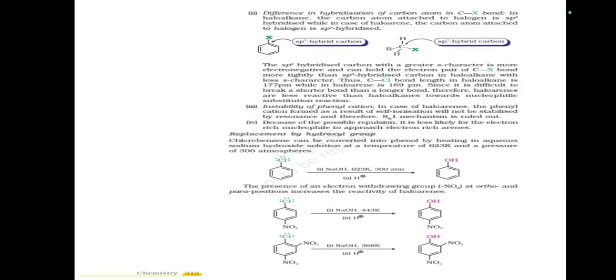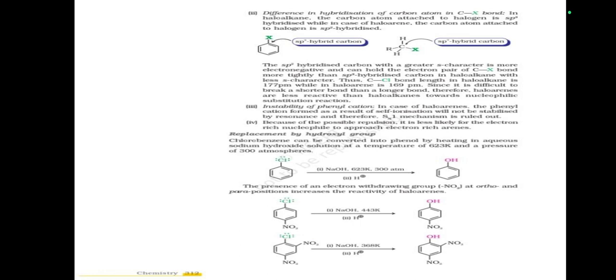Difference in hybridization of the carbon atom in the C-X bond. In haloalkane, the carbon atom attached to the halogen is sp3 hybridized, while in haloarene, the carbon atom attached to the halogen is sp2 hybridized. The sp2 hybridized carbon, with greater s character, is more electronegative and can hold the electron pair of the C-X bond more tightly than the sp3 hybridized carbon in haloalkane, with less s character.